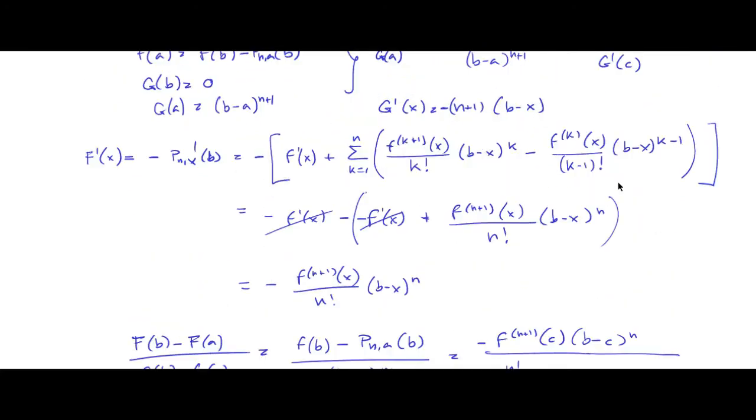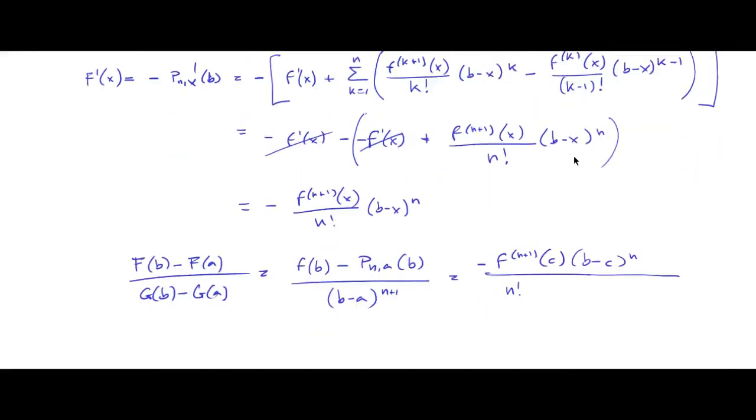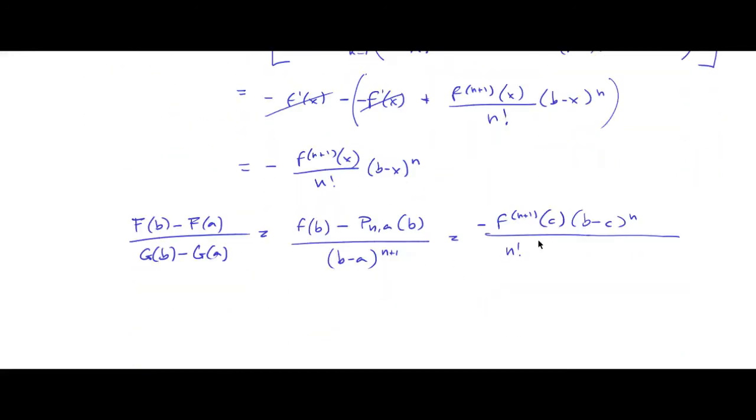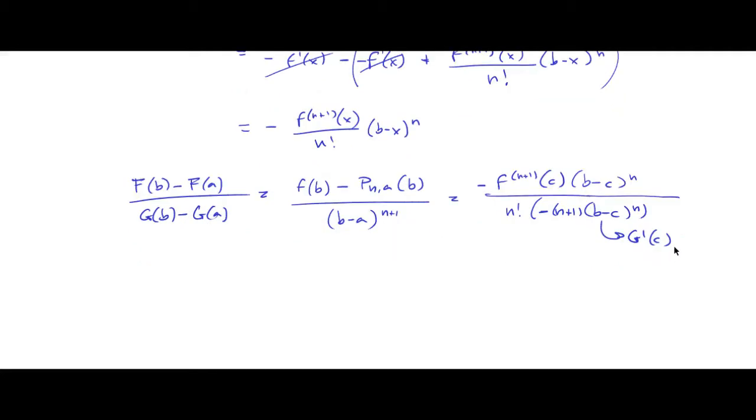And then, sorry, this derivative was minus (n plus 1) times (b minus x) to the n, right? And so we have minus (n plus 1) times (b minus c) to the n. This is g prime at c, right? And now the minus and minus go away, and (b minus c) to the n cancels.